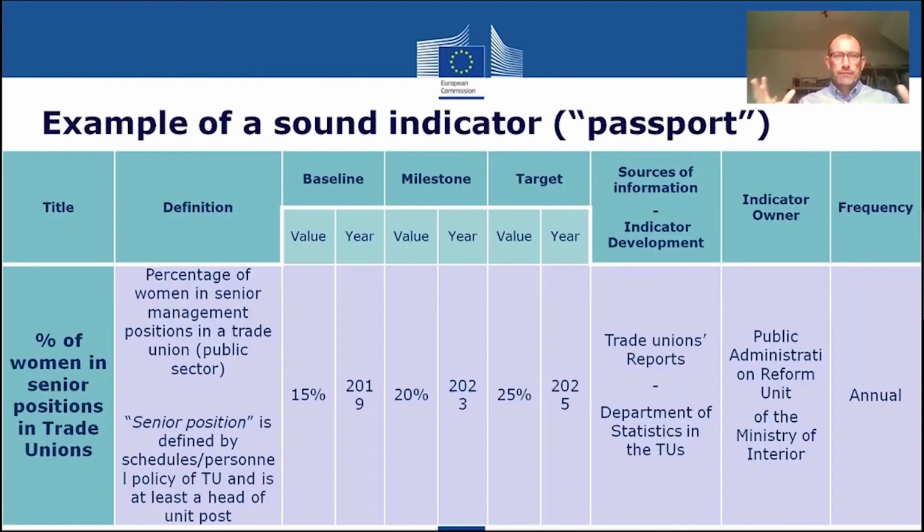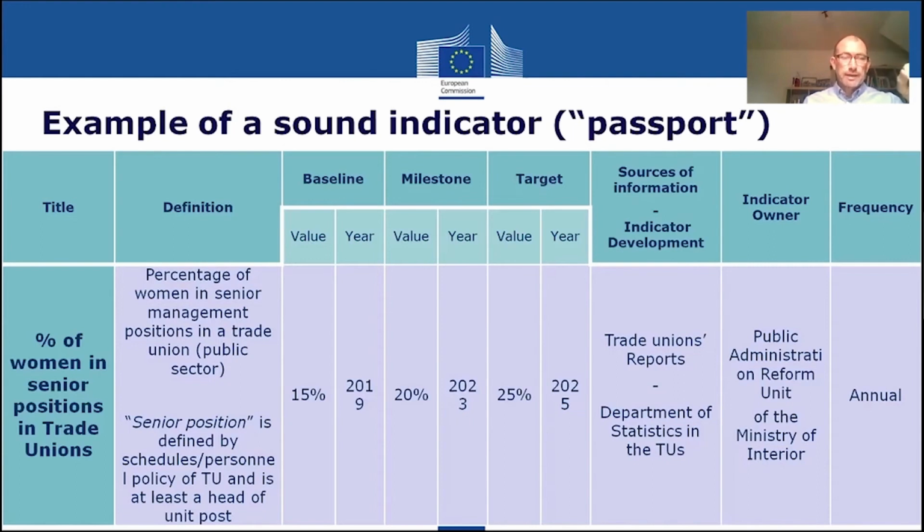I just want to show you at the end an example of what a good indicator contains. And it's here. There you see the title, which is percentage of women in senior positions in trade unions. And then next to that, there's a definition which explains in a bit more detail what's behind that indicator. It tells us that we're talking about percentage of women in senior management positions in a trade union, which are a public sector trade union.